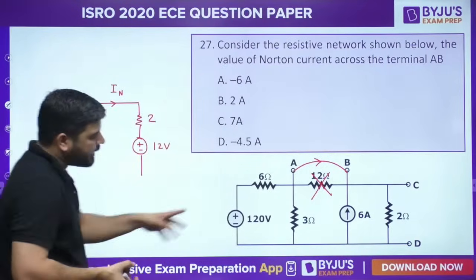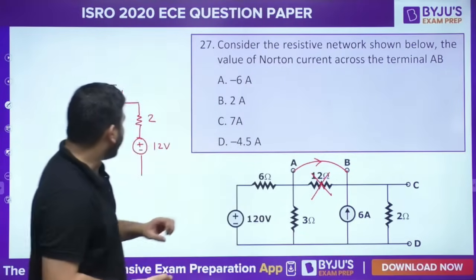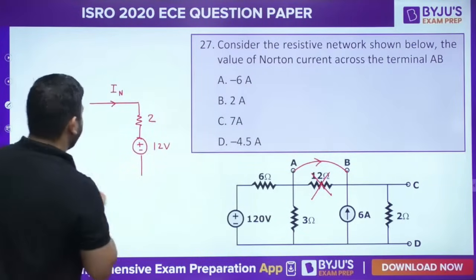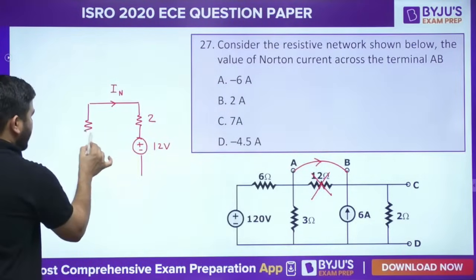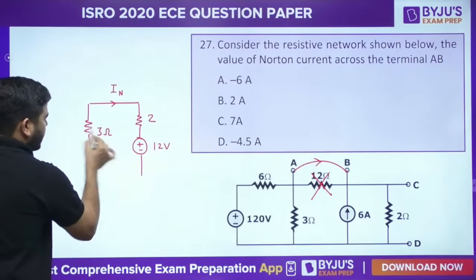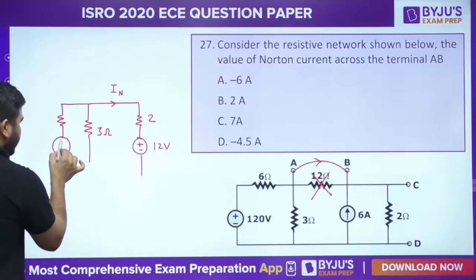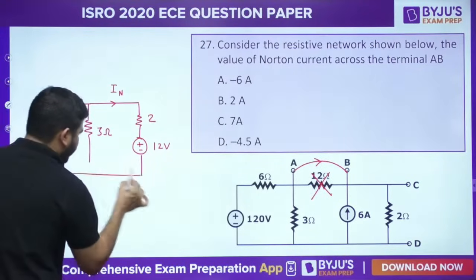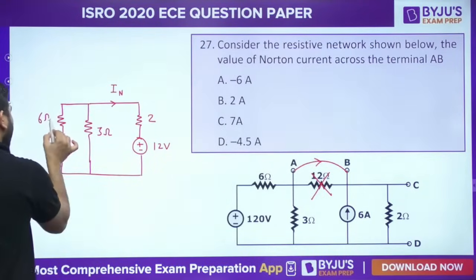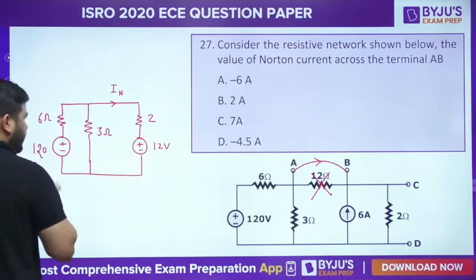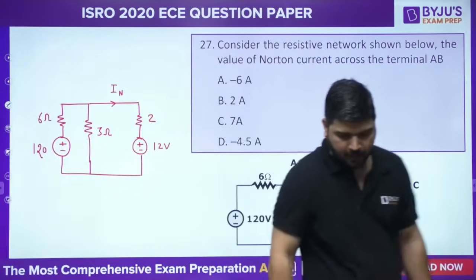So you can write them directly. So you have 3 ohm and 6 ohm in series with 120 volt. Fine. So this is the circuit we have.